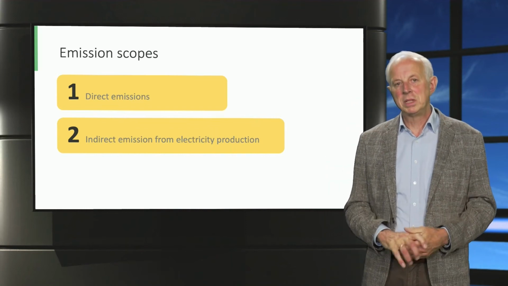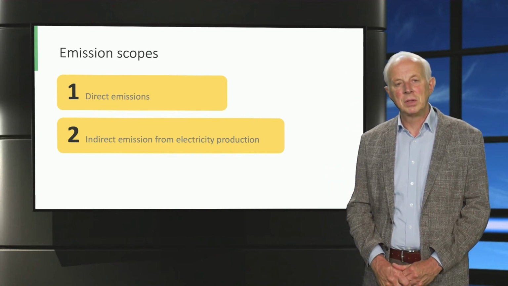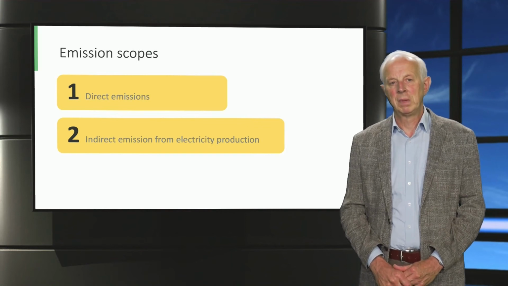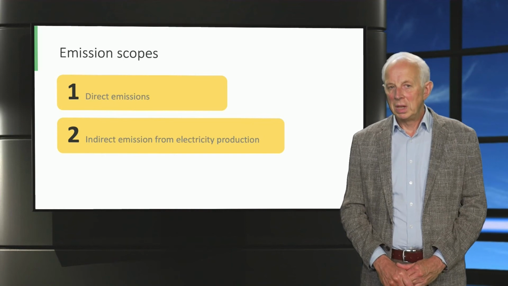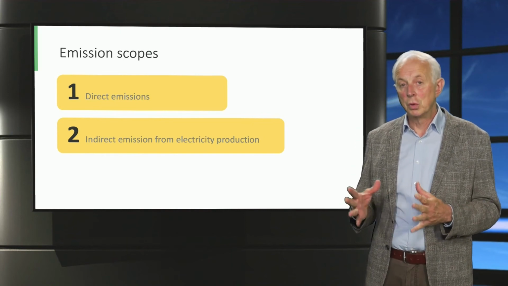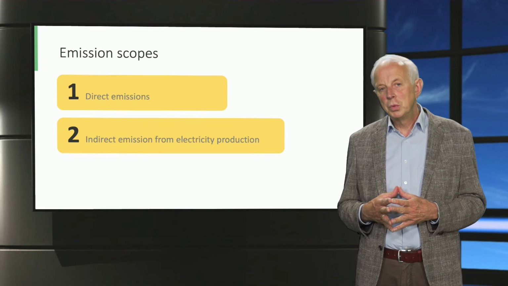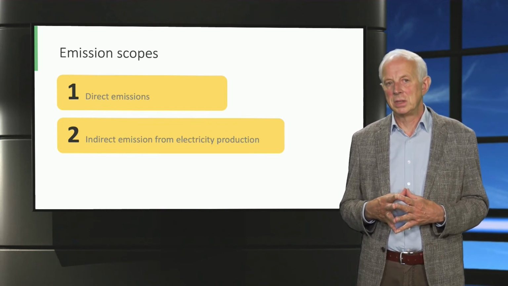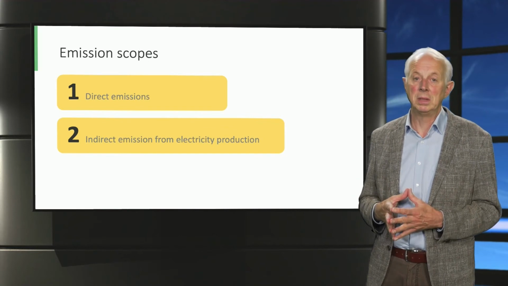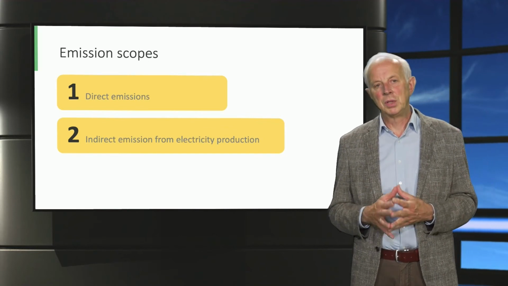These are all the emissions that are associated with the electricity that you purchase. The emissions generated in a power plant that produces electricity for you are your scope 2 emissions. Scope 2 also includes emissions associated with other energy carriers that you are purchasing, for example heat. But in general, electricity is most important.